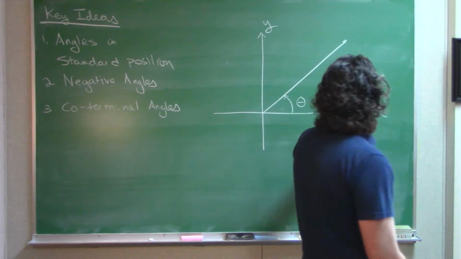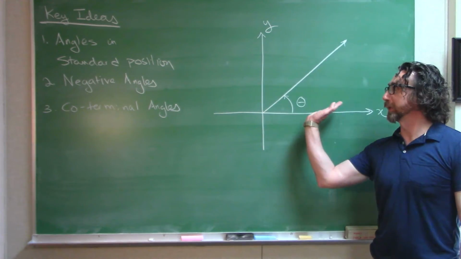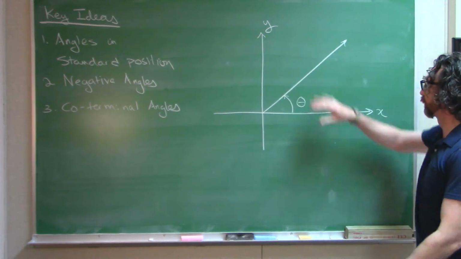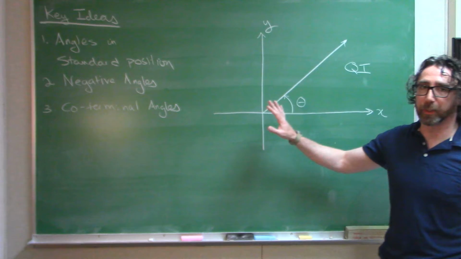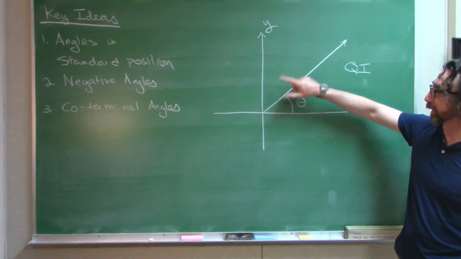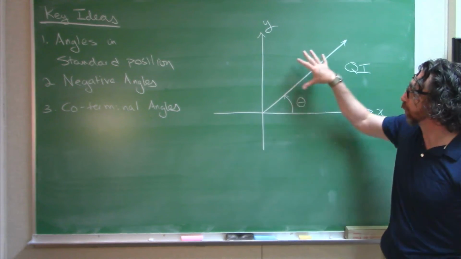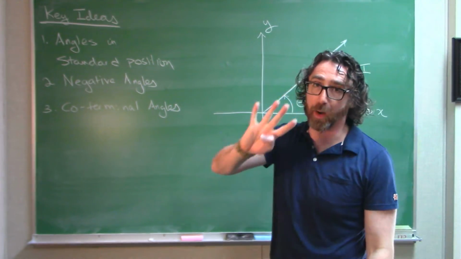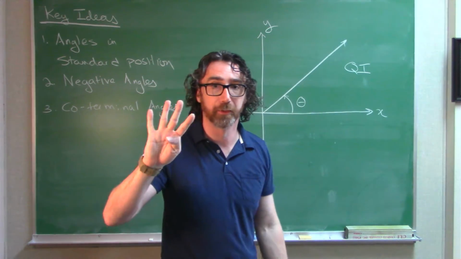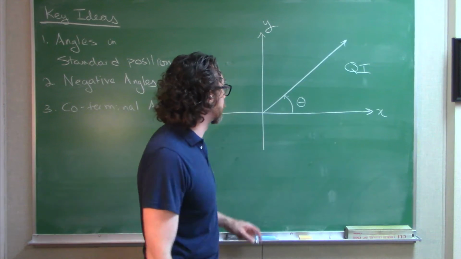Okay, so if we have an angle in standard position between 0 and 90 degrees, that's going to be in this region right here, quadrant 1, okay? You'll notice that the x and y axis divide the plane into 1, 2, 3, 4 pieces. So if you got a quadrant, you're going to have 4 of them. Okay, Q1 is over there.